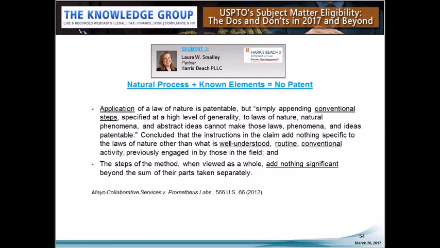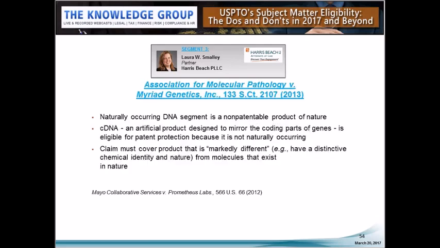And the three steps as an ordered combination added nothing to the laws of nature that was not already present when the steps were considered separately. Therefore, the steps did not add an inventive concept, and you'll hear that as the presentation continues, sufficient to transform unpatentable natural correlations into patentable applications. If you could go to the next slide, Sal.